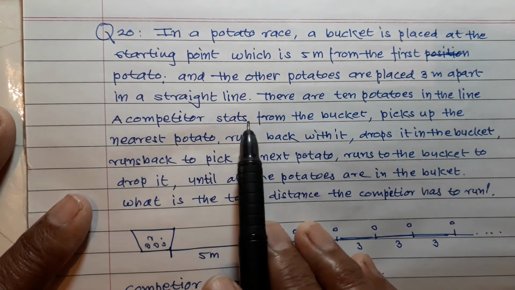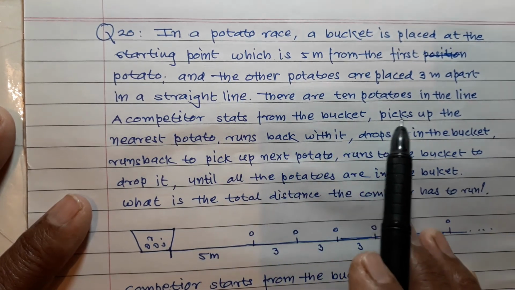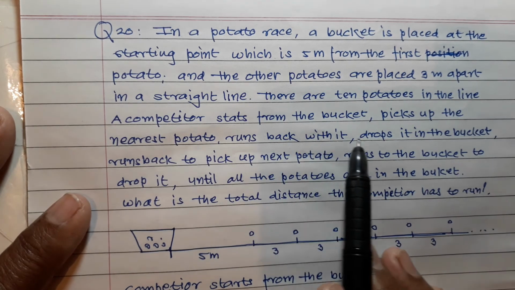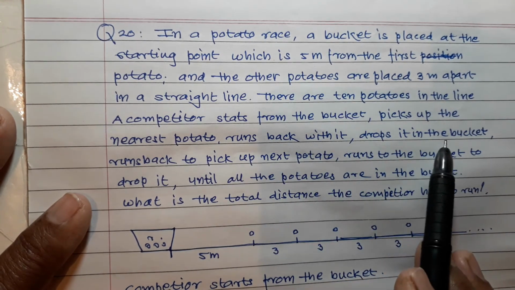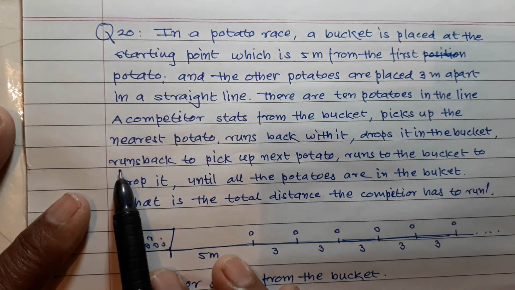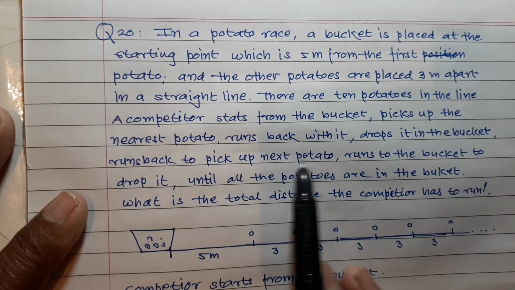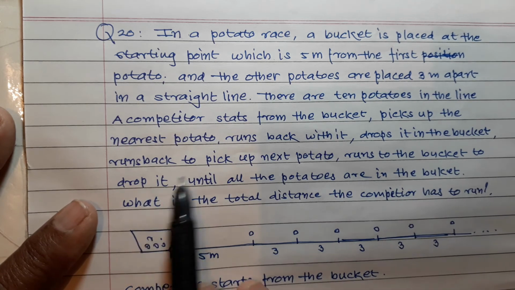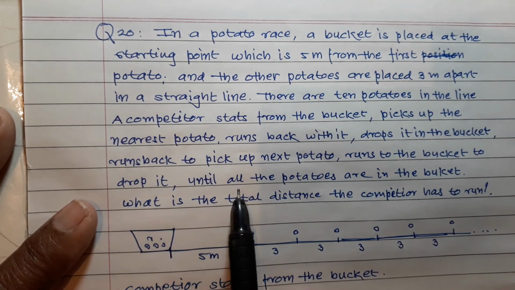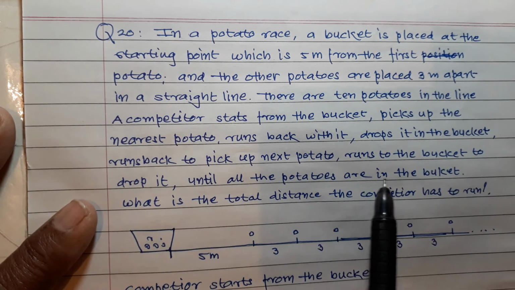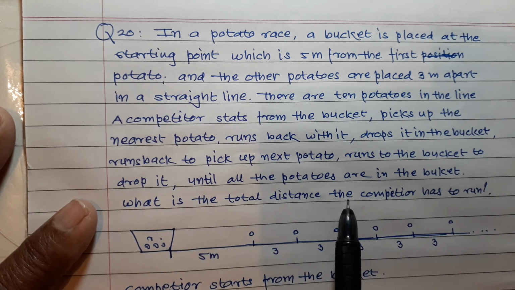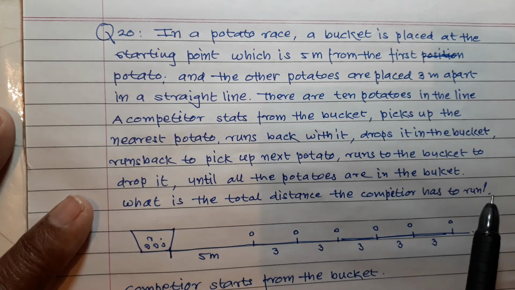A competitor starts from the bucket, picks up the nearest potato, runs back with it, drops it in the bucket, runs back to pick up the next potato, runs to the bucket, and so on, until all the potatoes are in the bucket. What is the total distance the competitor has to run?